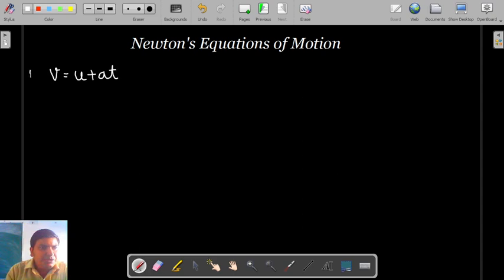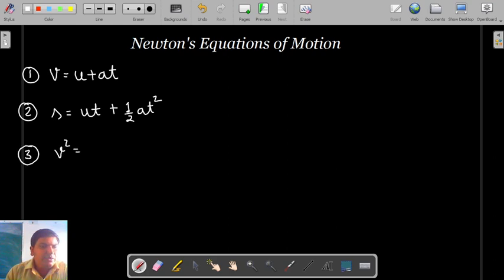The second equation is s equals to ut plus half at square, and third one is v square equals to u square plus 2 times of acceleration and displacement.